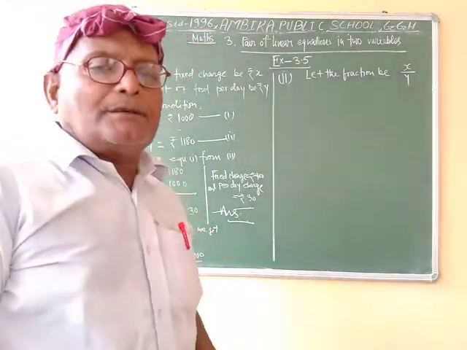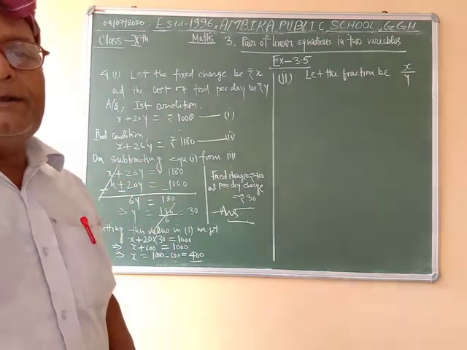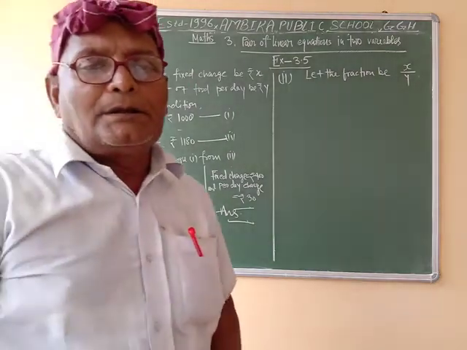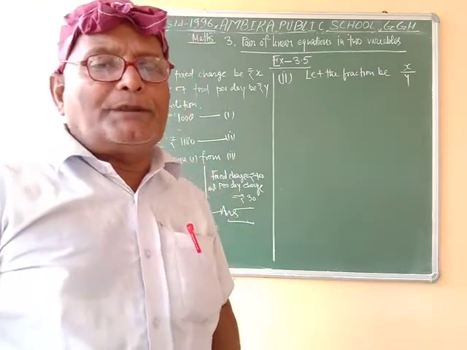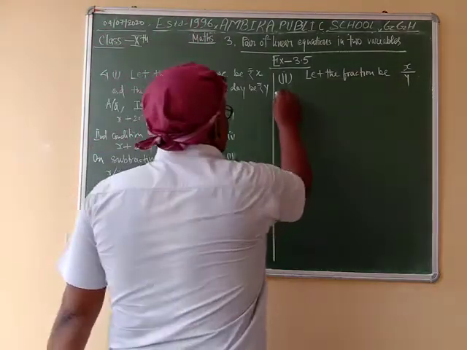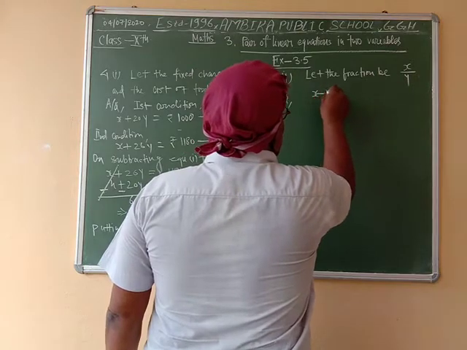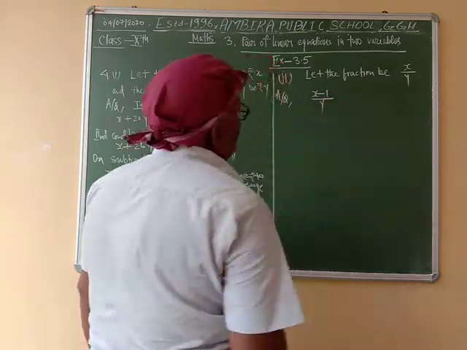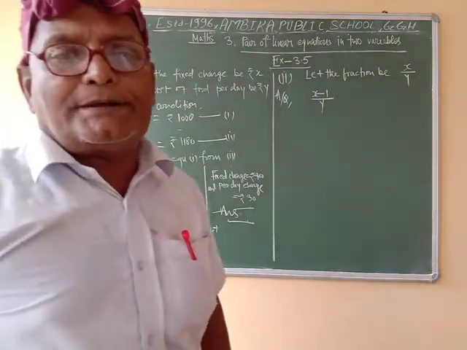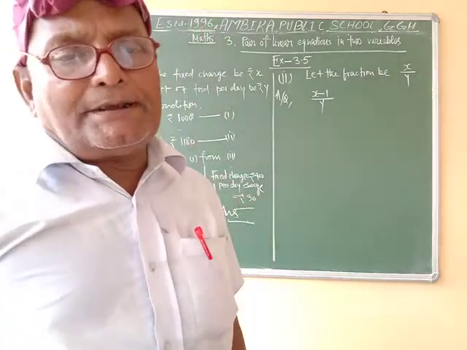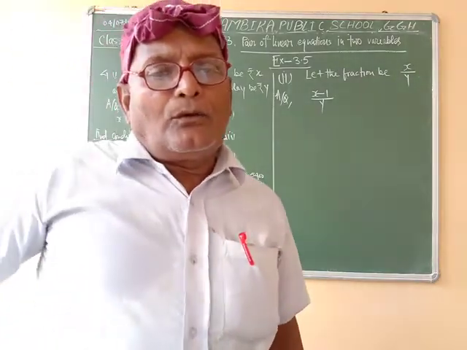A fraction becomes 1 by 3 when 1 is subtracted from the numerator. According to the first condition, x minus 1 by y, when 1 is subtracted from the numerator, the fraction is 1 by 3.